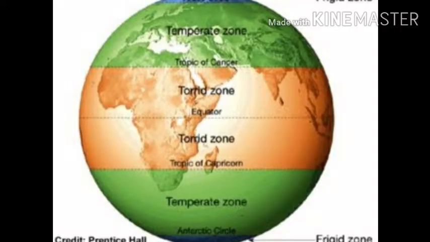The next ones are the temperate evergreen forests, which are found in the continents in temperate zones or belts. Children, a temperate zone is that part of the earth's surface which lies between the Tropic of Cancer and the Arctic Circle in the northern hemisphere, or the Tropic of Capricorn and the Antarctic Circle in the southern hemisphere.